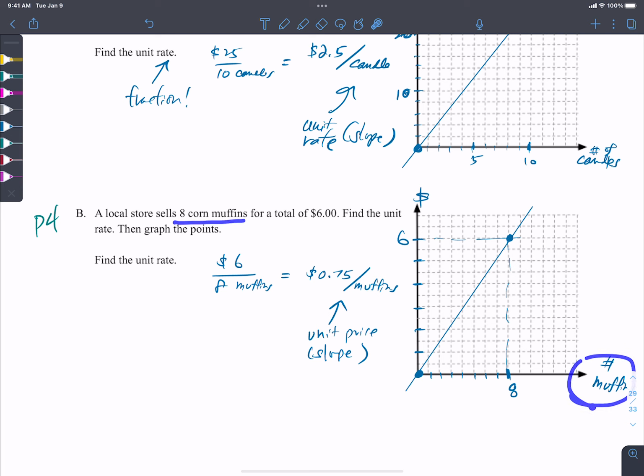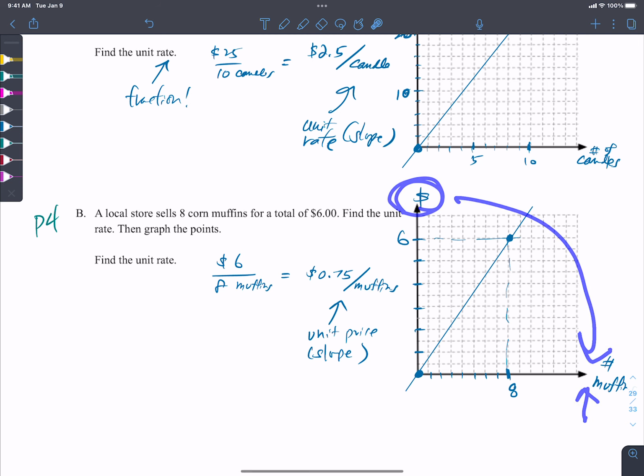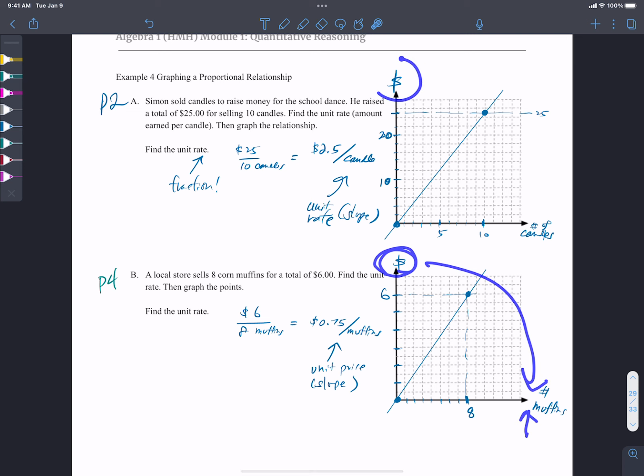The number that you sell will affect how much you make. So the independent variable goes in the x-axis, right? And then the dependent variable, because the amount of money depends on the amount of muffins sold. In this case, the money that you make depends on the amount of candles sold. So the independent variable is almost always put in the x-axis.